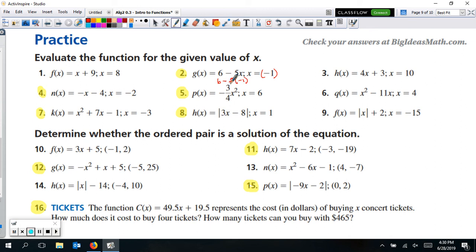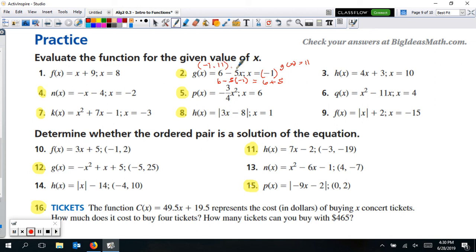So what that's going to become is 6 plus 5. And so g of x will equal 11. There's our g of x. g of x is equal to 11. So the given value, that's our input, is -1, the output is 11. So you can write it as an ordered pair, which would be -1, comma 11. That would be our ordered pair.